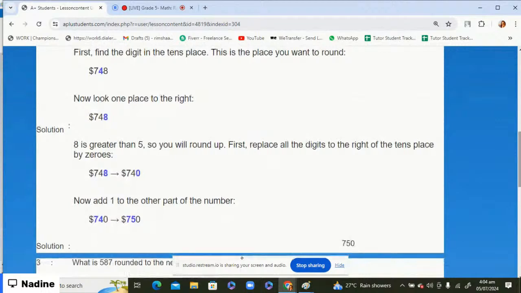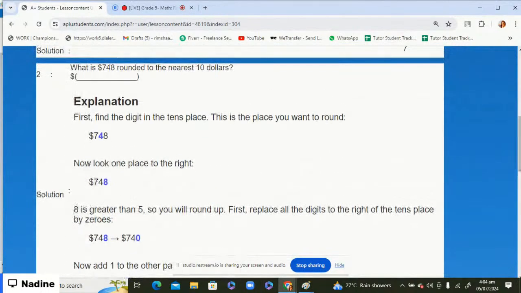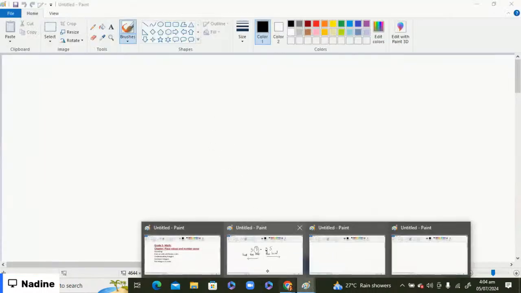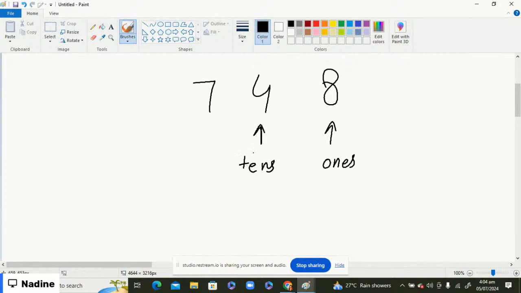Now just look at this question: 748 rounded to the nearest 10. First of all, we find the digit in the tens place. What is the digit in the tens place? If there is 748, this is the ones place, this is the tens place, and that is the hundreds place.